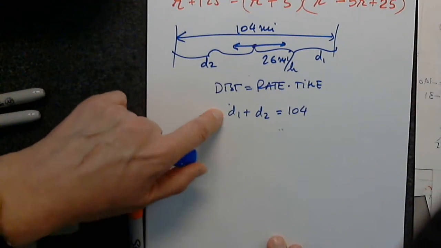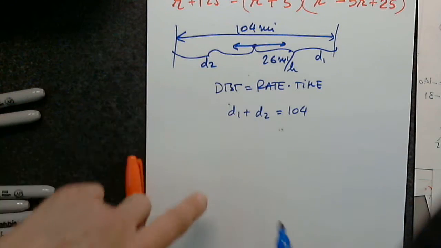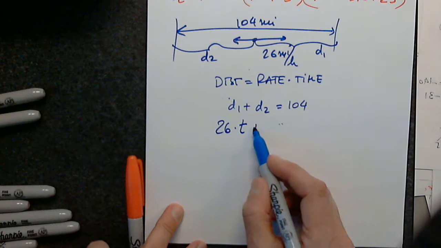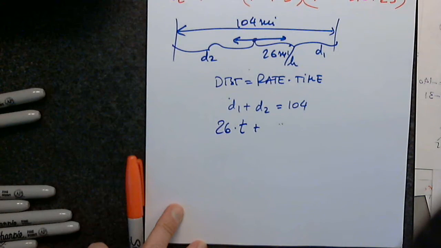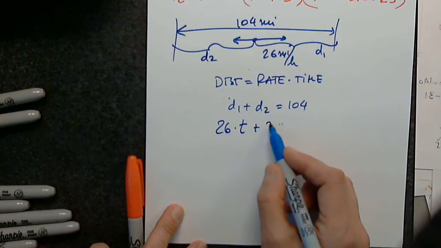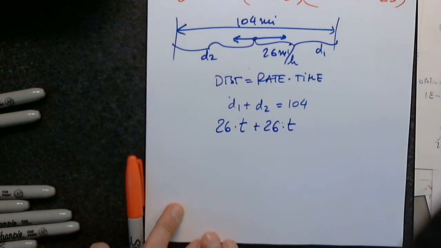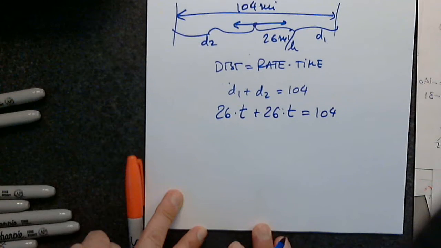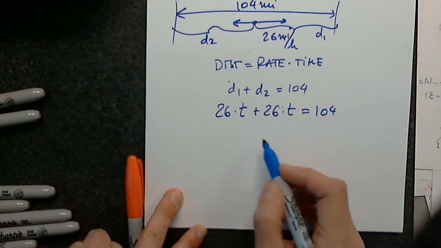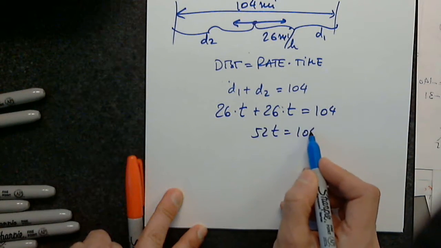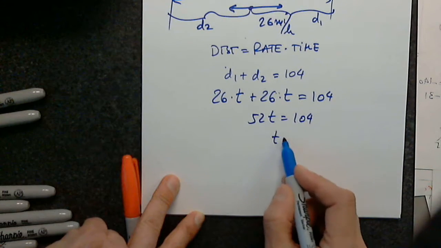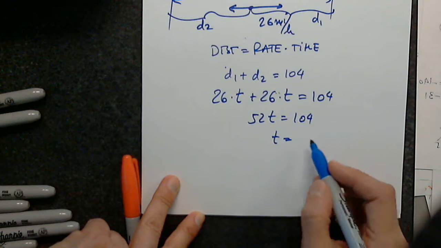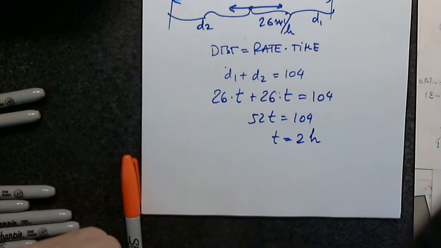So D1 is 26 multiplied by T, plus, what is D2? 26 multiplied by T, it's the same. Equals 104. So 26 plus 26 is 52T equals 104. So T equals how many hours? Divide. Yes, 104 divided by 52, 2 hours.